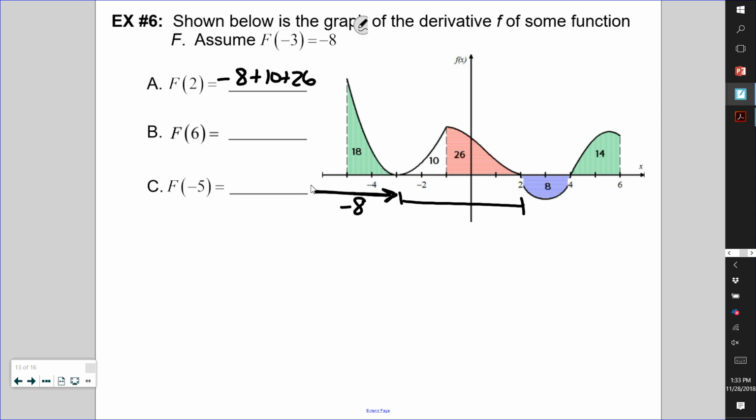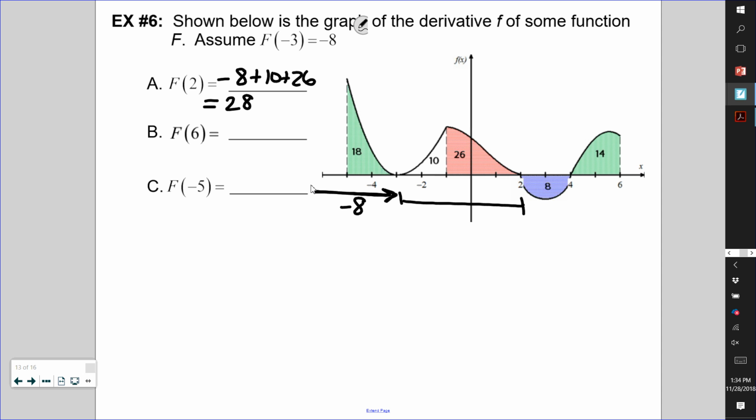Don't shortcut that because you need to see what we did. The negative 8 comes from the area up to negative 3. Now I have to do the rest of the areas from 0 to 2. Now, what is that number? I definitely would write negative 8 plus 10 plus 26 for my notes, for sure.